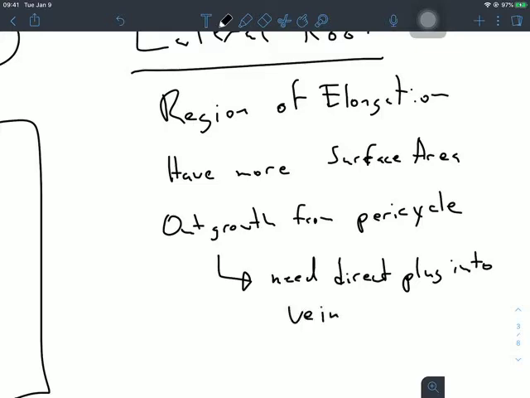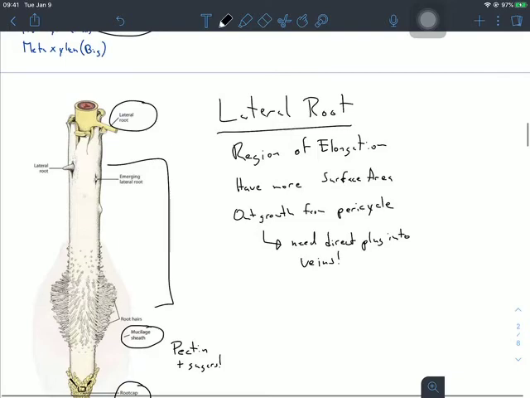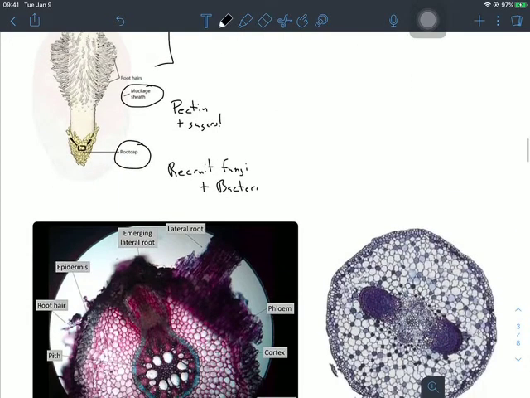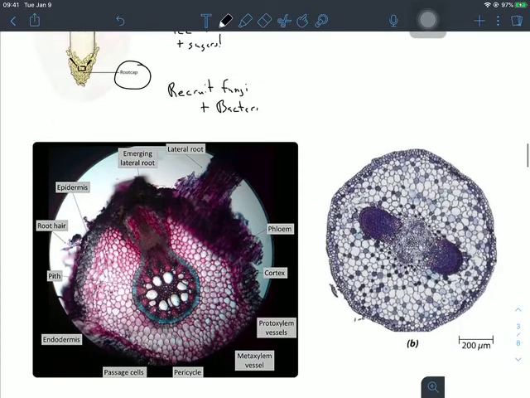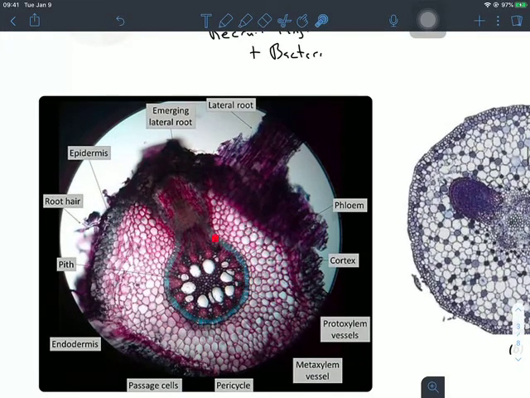If you want your water pipes to be connected to the old water pipes, you literally have to have a connection growing through them. So when we are growing our lateral roots, as these two images show, you will get the lateral roots forming from one edge of the pericycle. You can even see the extension here of the endodermis that is starting to grow in this emerging lateral root.